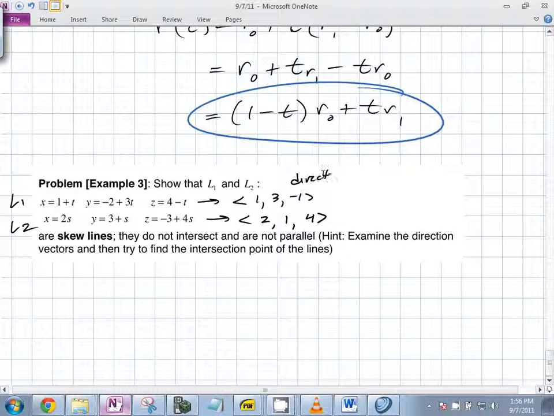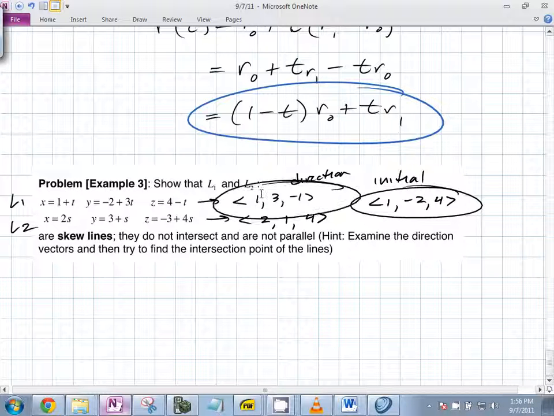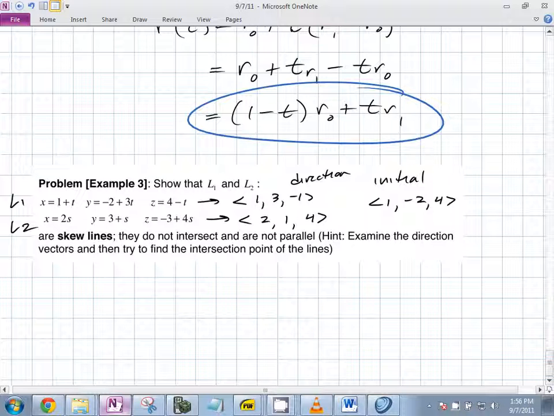How would you go about finding any starting point? Pick a value for t or s. What's a good value for t? 0. Plug in 0. So what would be an initial point for L1? 1, -2, 4. So you have an initial point and a direction. Can you write the equation of a line? Yes. Then can you try to intersect them by doing some algebra? Yes. And then can you fail miserably at it? Yes. And then you can conclude they don't intersect. Also, are these scalar multiples of each other? No.